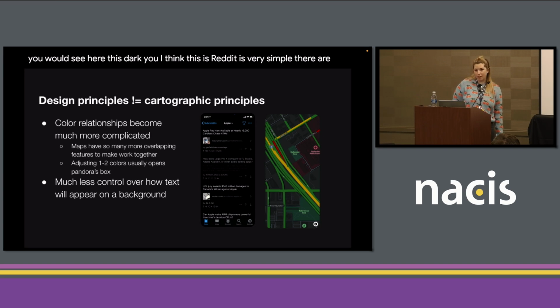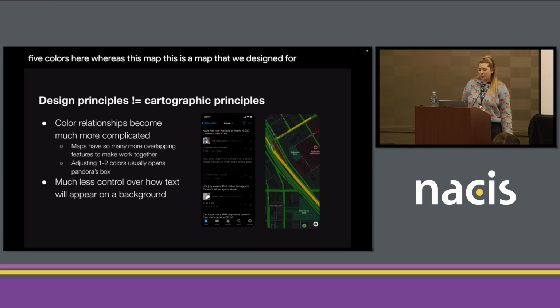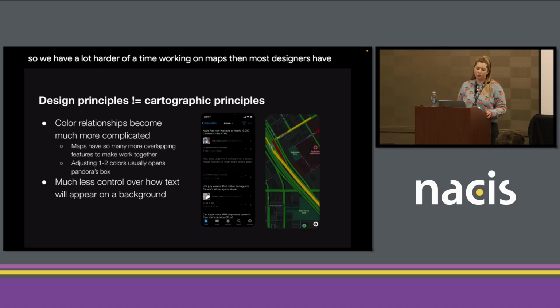There are like 5 colors here. Whereas this is a map that we designed for AWS, has a lot of colors on it. And they all have to work together in the light and in the dark. So we have a much harder time working on maps than most designers have with regular old interfaces.